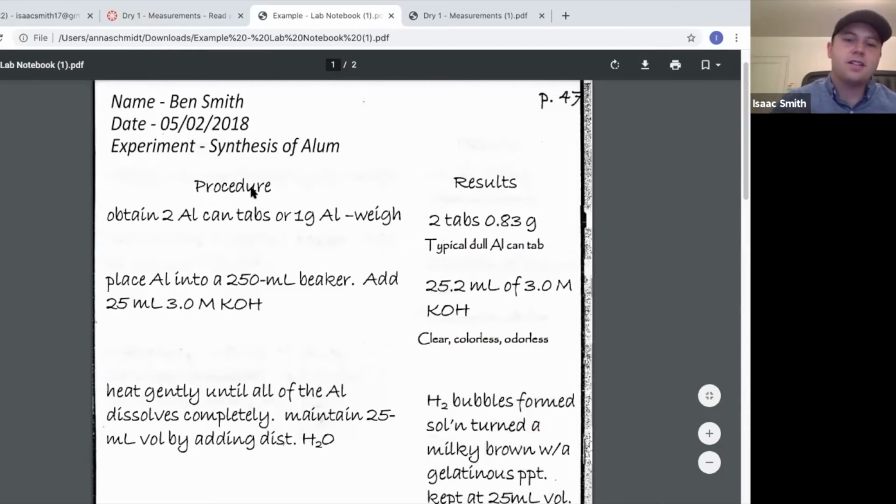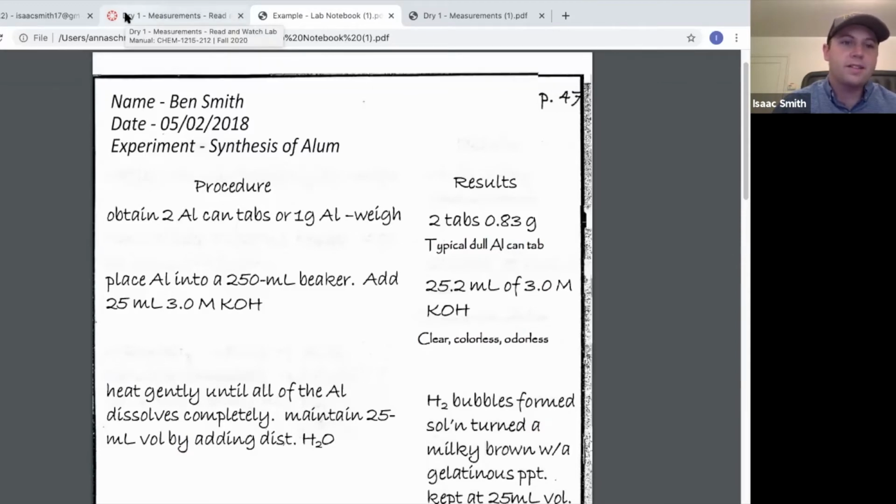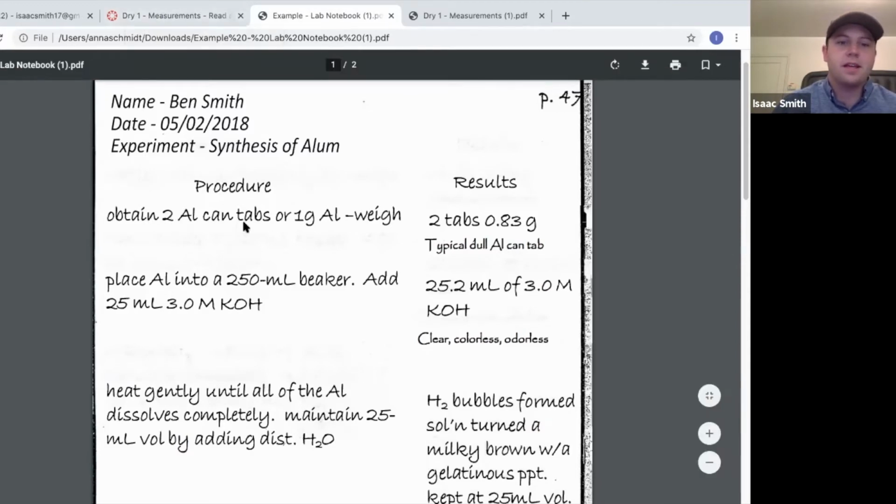You just make a note of what you did and those results. So if the procedure says weigh out this sample, then you'd write, okay, weighed out the sample, this was the weight. Basically, summarize the procedure with the results of what you did in that step.